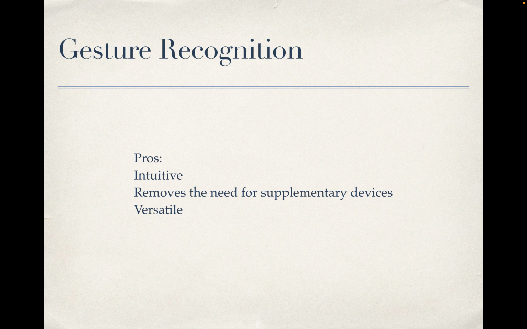So the pros of this input method is that it's intuitive. Most people know how to manipulate objects with their hands, so it comes quickly to users. It removes the need for supplementary devices. Sometimes controllers and remotes can be expensive. And it's a versatile way of conveying information.